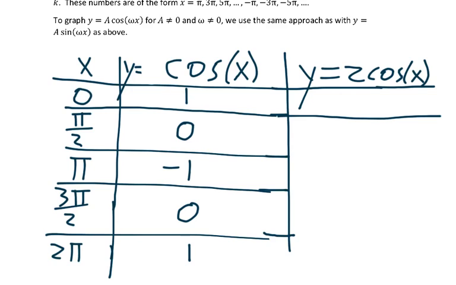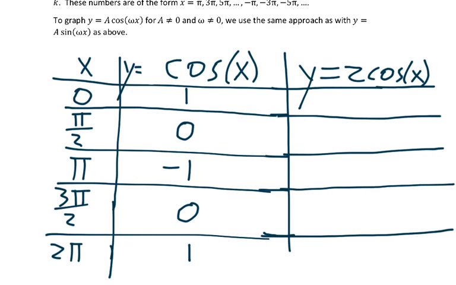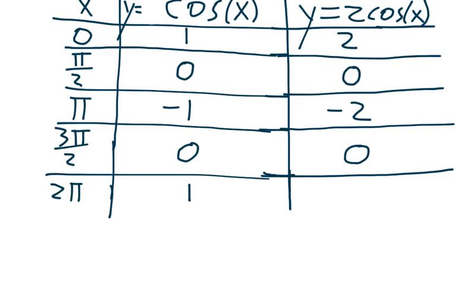So for 2 times cosine, here what we do is we multiply by 2. So at 0 we get 2, at pi over 2 we still get 0, at pi we get -2, 3 pi over 2 we get 0, and at 2 pi we get 2.